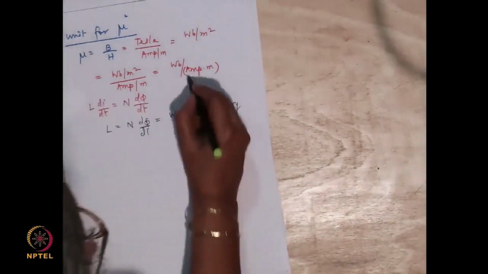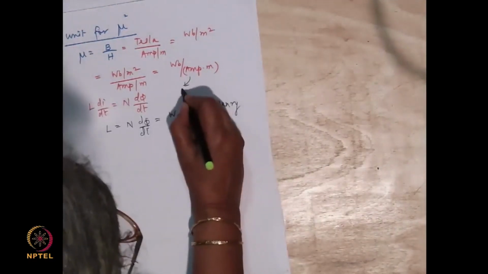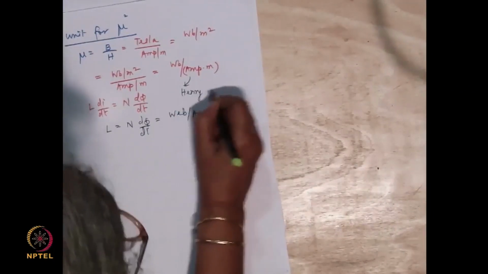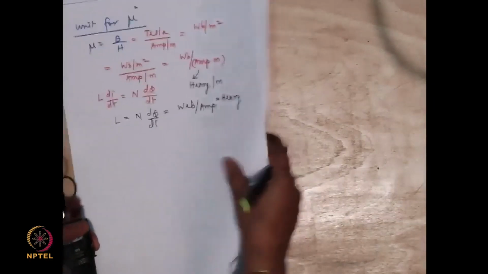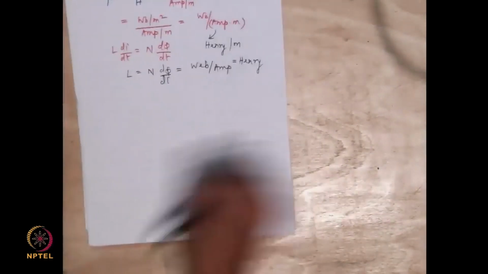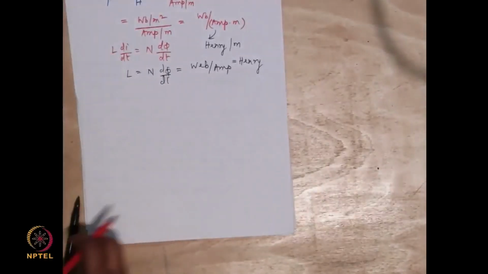So from here I should be able to write this as Henry per meter. So the permeability has the unit of Henry per meter. You can actually look at it from the equivalence of L di by dt equal to N d phi by dt. Fine?